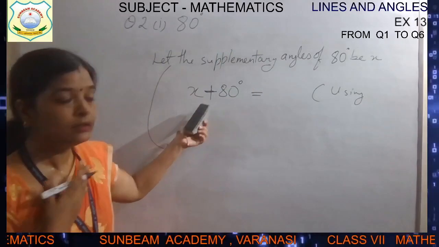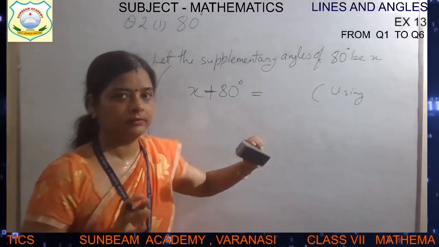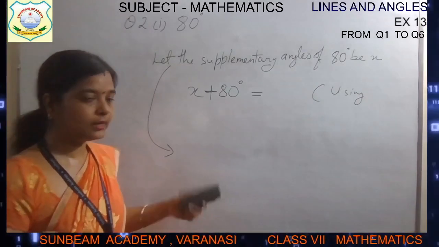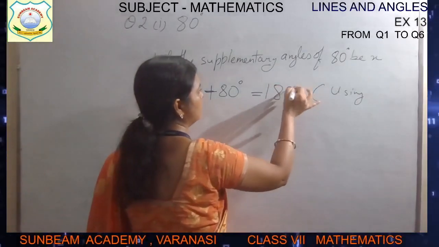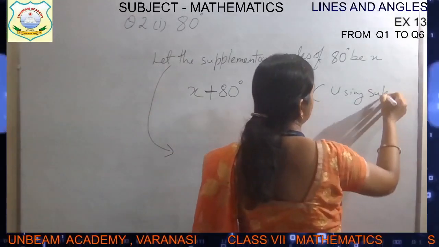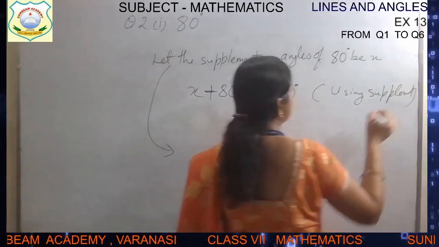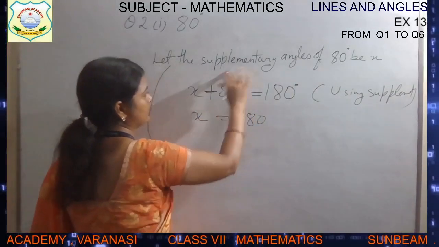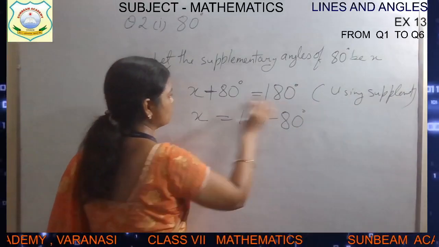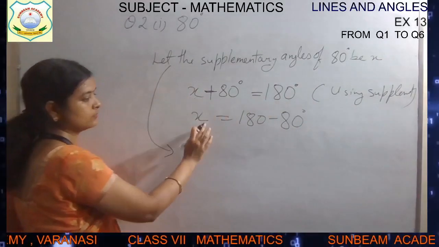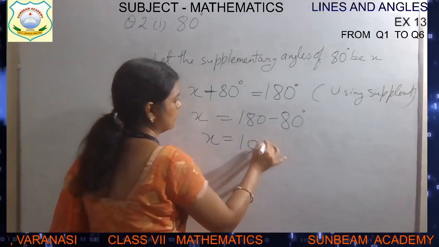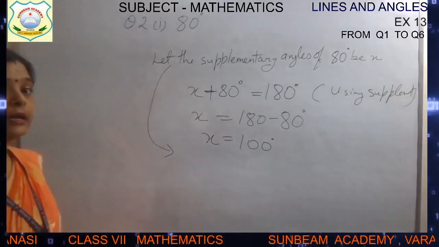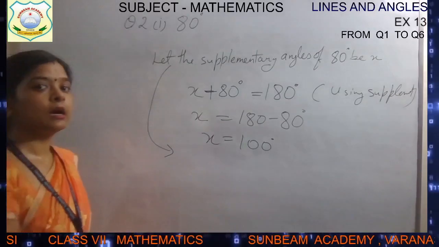We have chosen that supplementary angle of 80. Their sum will be definitely equal to 180 degree. You will write using supplementary angle definition. Now transpose 80 to that side, so that we can find the value of x. What is x, children? It is 100 degree. And now you will write, hence the supplementary angle of 80 degree is 100 degree.